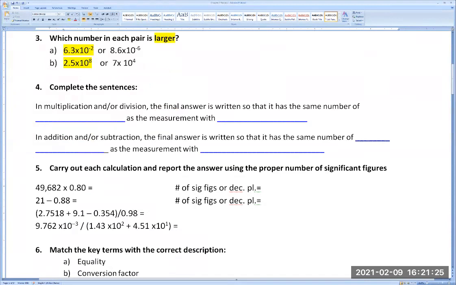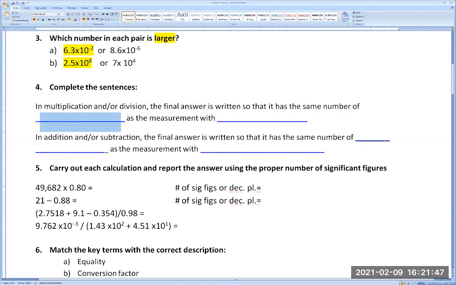So question 4, complete the sentences. In multiplication or division, the final answer is written so that it has the same number of blank as the measurement with blank. So here we are missing words, and it's about the rule to follow when you're multiplying or dividing.